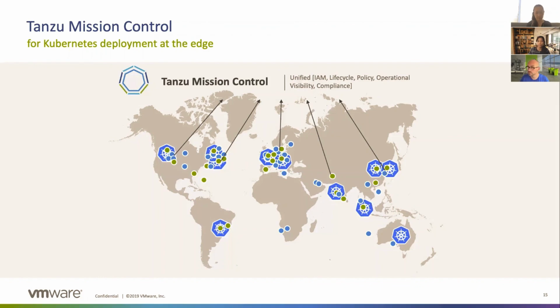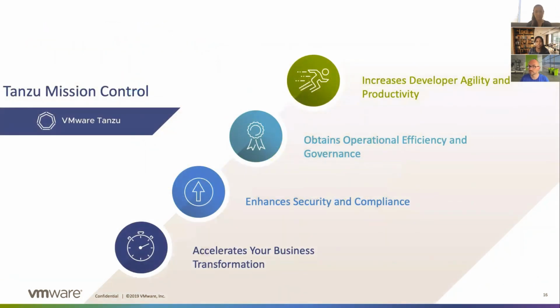So we'll just wrap up with this final slide on the benefits that you get from Tanzu Mission Control. Really, it's to drive increased developer agility and productivity, and provide self-service provisioning with the necessary security and governance mandates in place. You get the operational efficiency and governance that needs to be there as well.